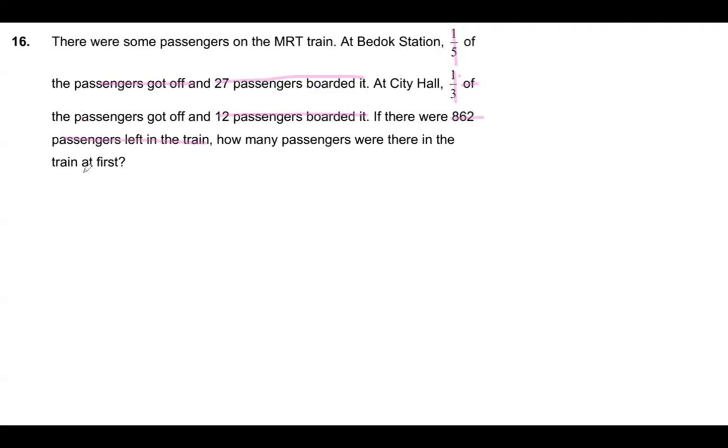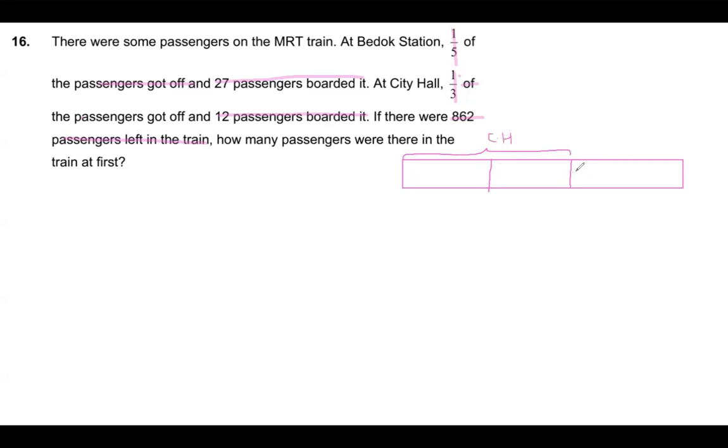Now let's see. Let me try and draw the model, see if it works. All right, so first we have this situation. We are left with 862 passengers. Now, 862 passengers is actually 2/3 of the people that were at City Hall.